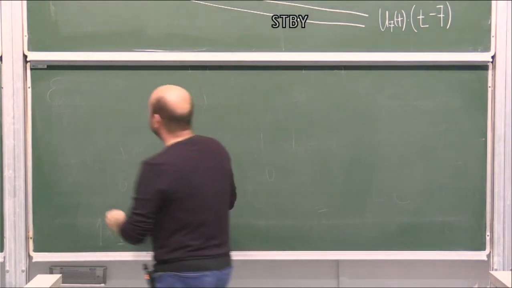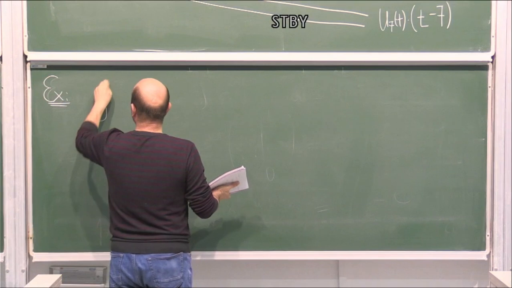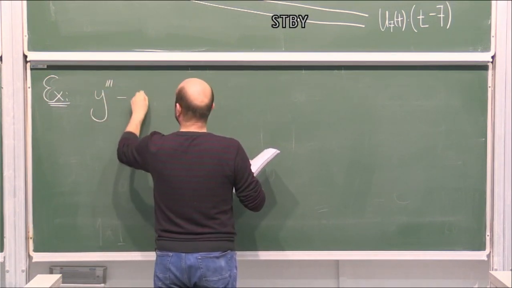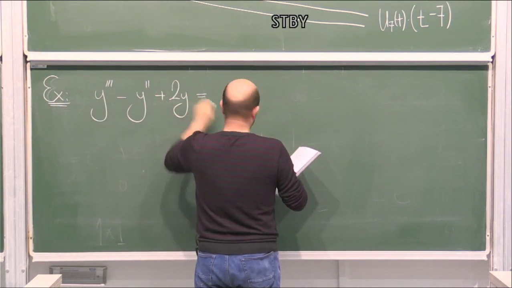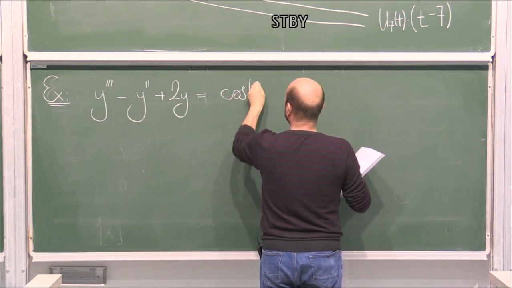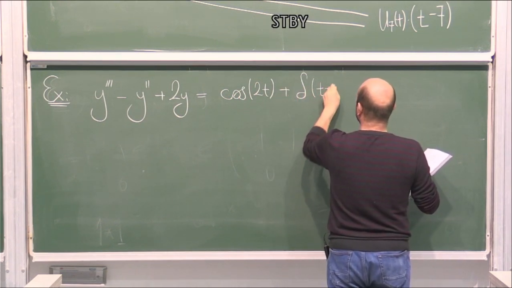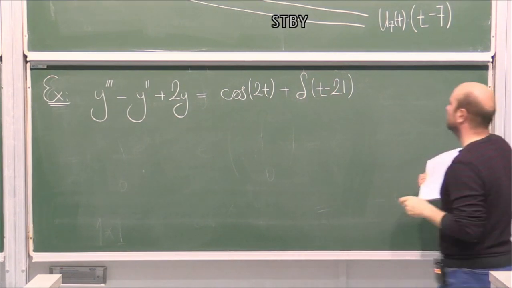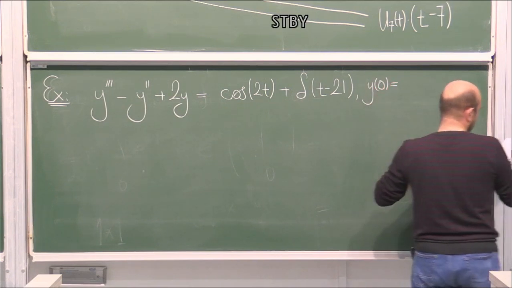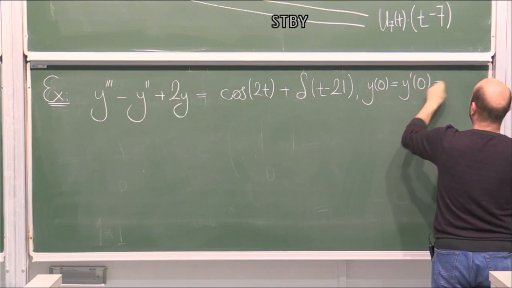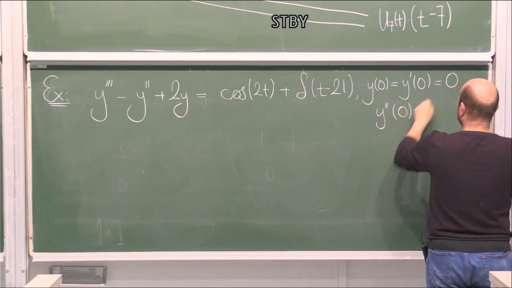All right. Now, we have the third derivative minus the second derivative plus 2y equal to, on the other side, cosine 2t plus the delta function at 21, and y(0) and y prime(0) are equal to 0, but y double prime(0) is given as 1.